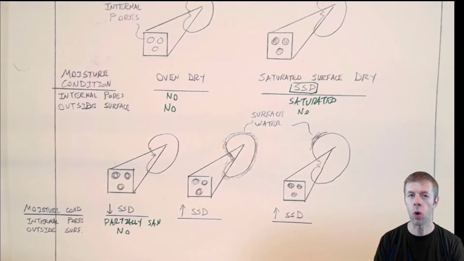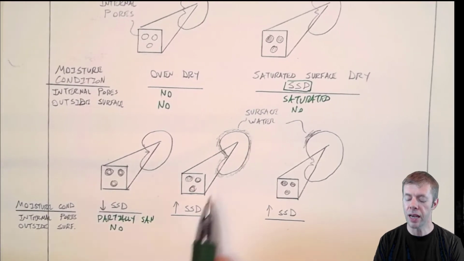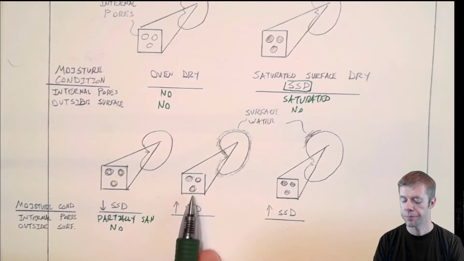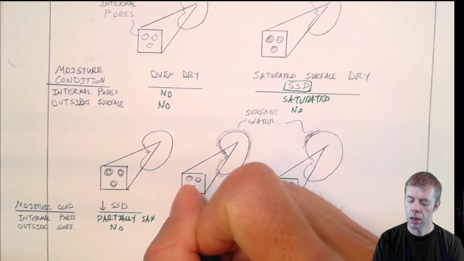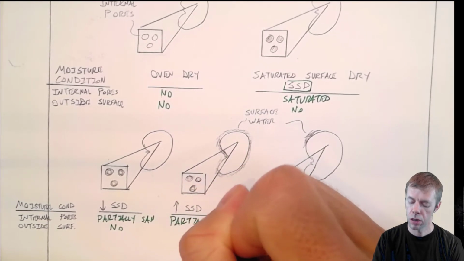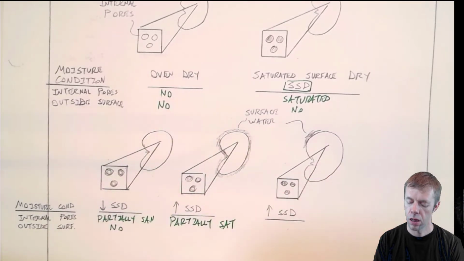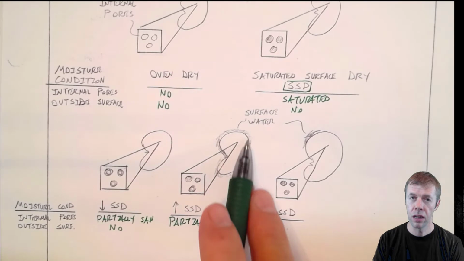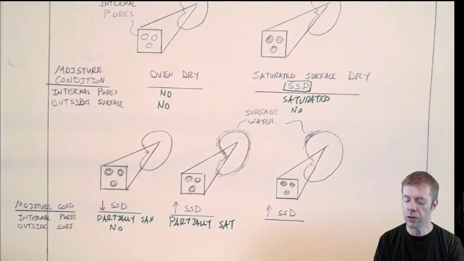Okay, that's one possibility. Here's another possibility. This one I say is above SSD. The internal pores are only partly filled. Okay, partially saturated internal pores. And the outside, look at that. It's like covered in water. It's got water going all the way around the outside.